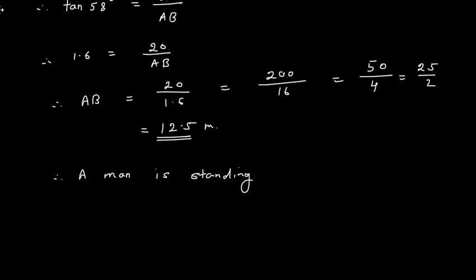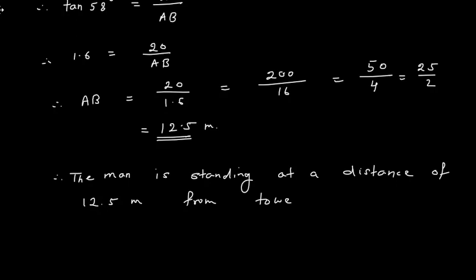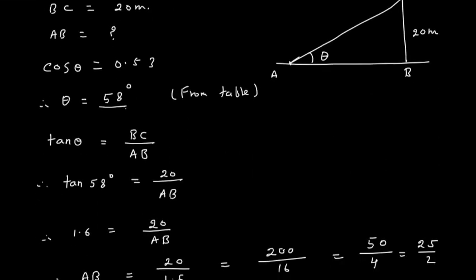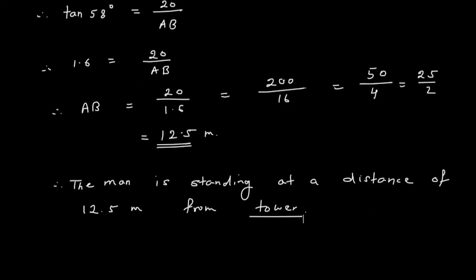Not a. Grammatically it should be the man, for the man who is in question. The man is standing at a distance of 12.5 meter from the tower, right? Okay, let us see one more question.